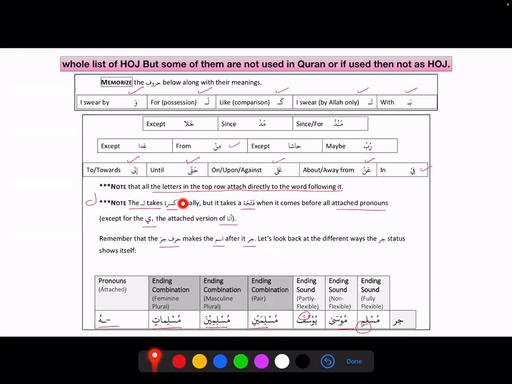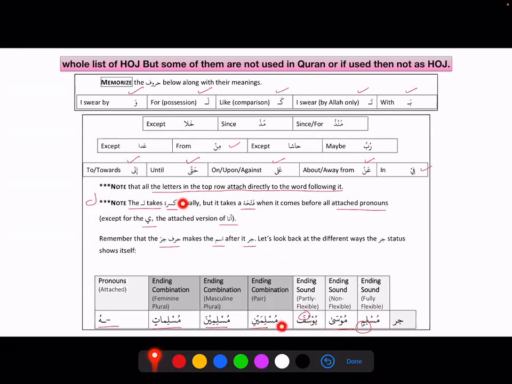If it is a sound ending, it is going to look like muslimin, right? Musa, if it is non-flexible, it is not going to show us, right? Then Yusufa, even though it looks like nasb, we know that this is a partly flexible ism. Their jar status would be with fatha, right? So Yusufa is jar in status.